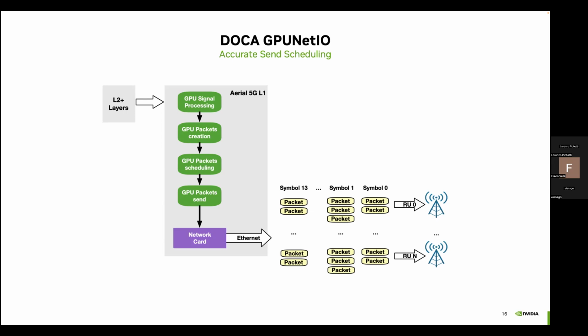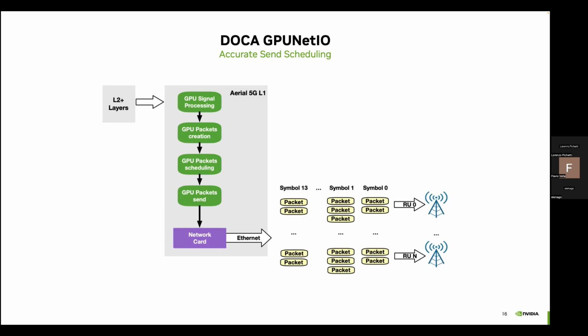You have 500 microseconds, and in that time you need to send a list of packets, but not all at the same time. The time slot is divided into 14 symbols, each symbol composed of 36 microseconds. So every 36 microseconds, you have to send a new subset of packets.